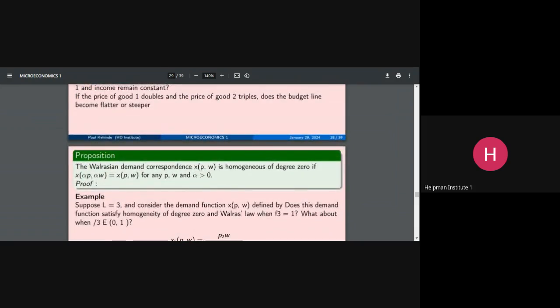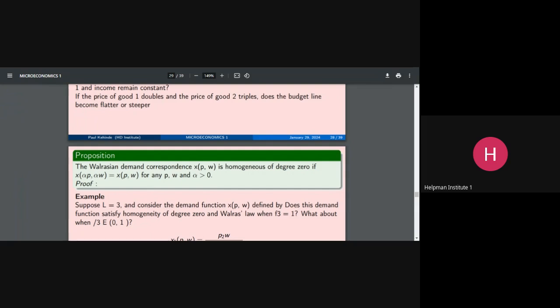This is saying that if you have a demand correspondence that is homogeneous of degree zero, then a multiple of price, where alpha represents the multiple, a constant number, and a multiple of the wealth can still remain the same, does not change. All right, so there's a proof for that. Let me give us the proof now.